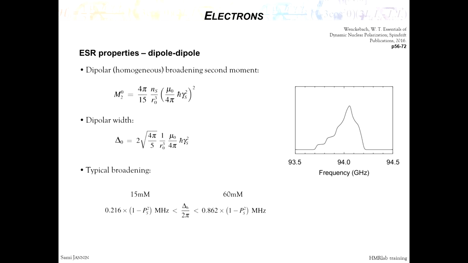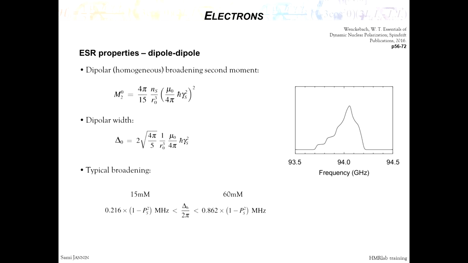Then there is a term here, which is 1 minus p squared. I'm not going to explain it in detail now. It's going to come back many times in the course. If all the electrons get polarized, this broadening goes down to 0. The more electron polarization you have, the less disorder you have in your sample on the orientation of the spins, and the narrower the line gets.